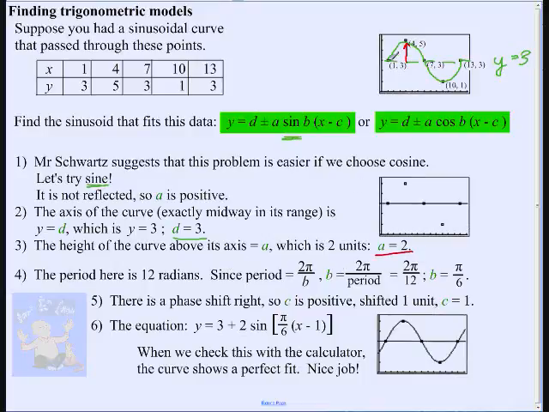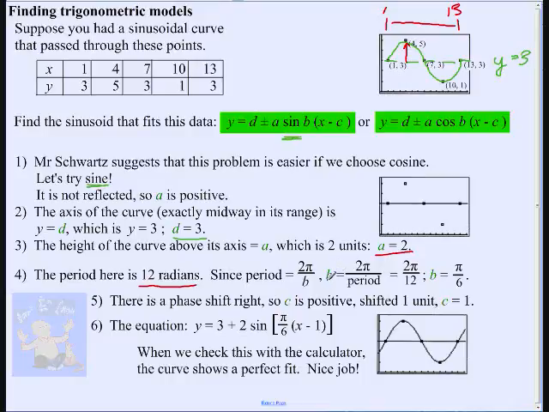The period here goes from 1 over 2 to 13. So what's that distance? 12. 12 radians. The period of a sine wave is 2 pi, and we know that the period of a function will be 2 pi divided by the frequency of cycling.